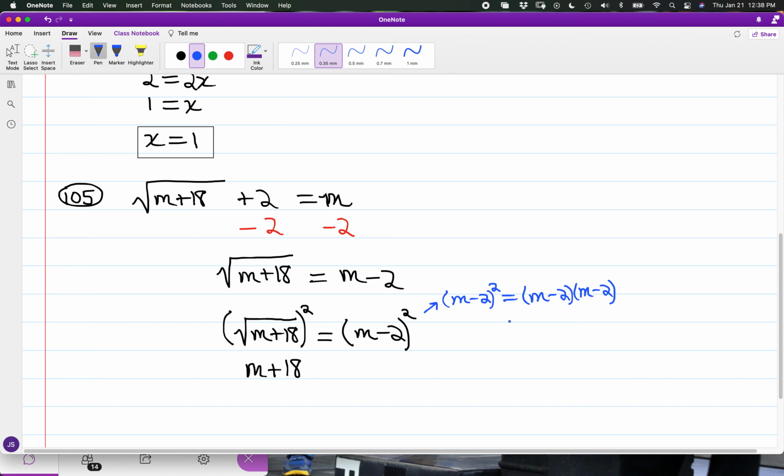So we have m minus 2 times itself, and so we're going to have m squared. We have minus 2m, where the outside and the inside products will combine to negative 4m. And again, negative 2 times itself is going to be 4.